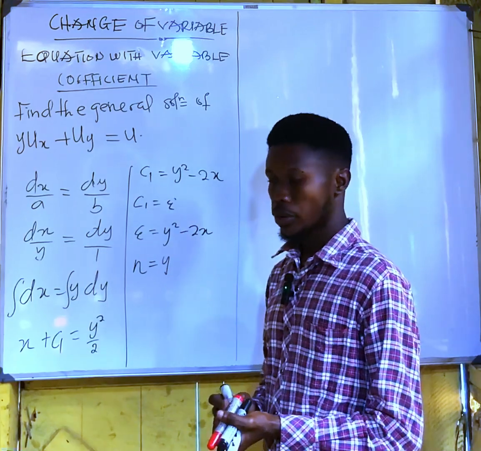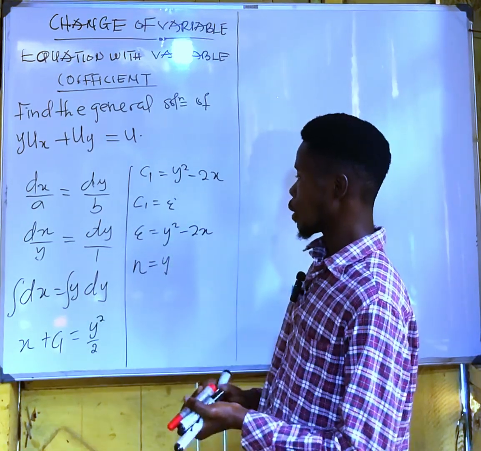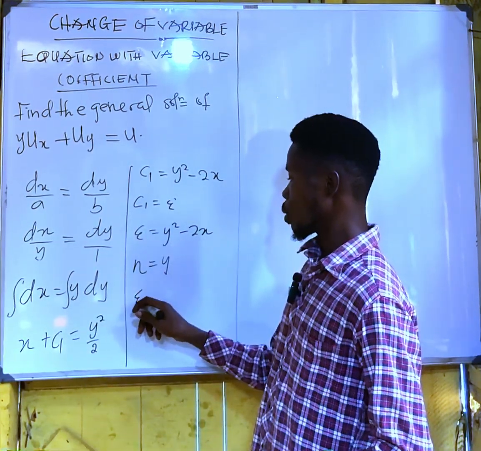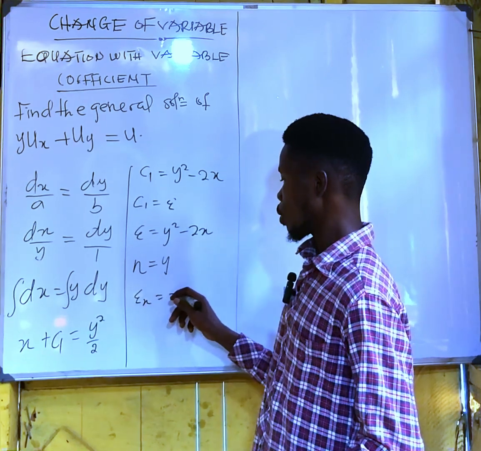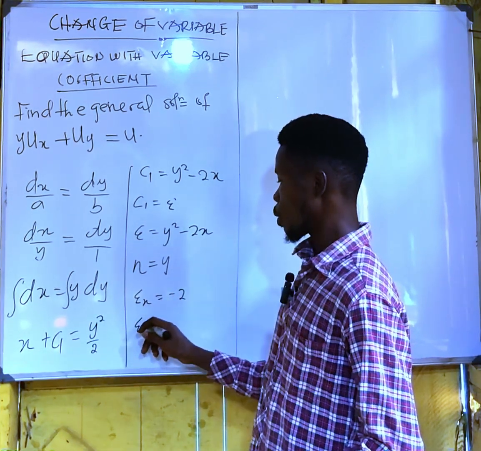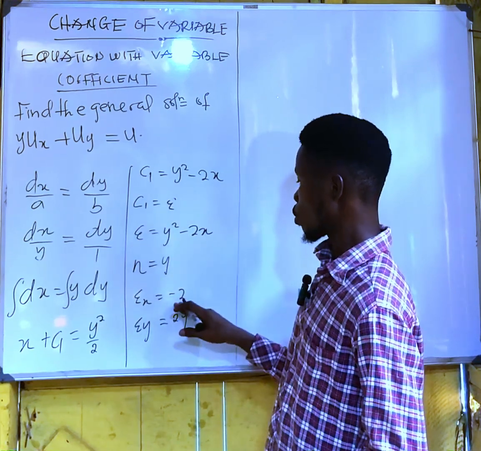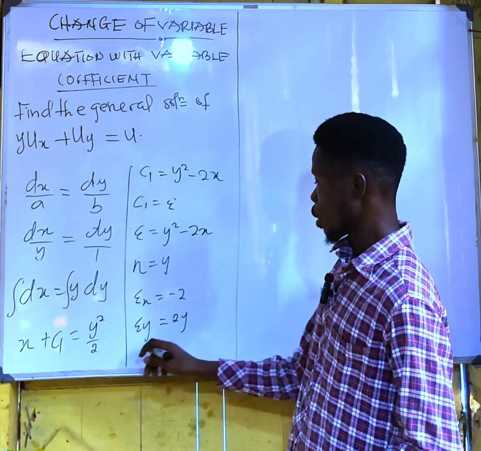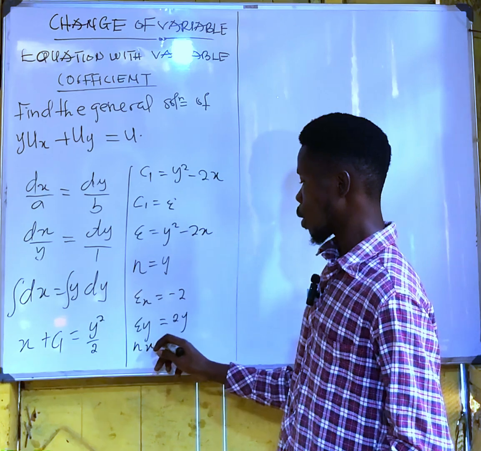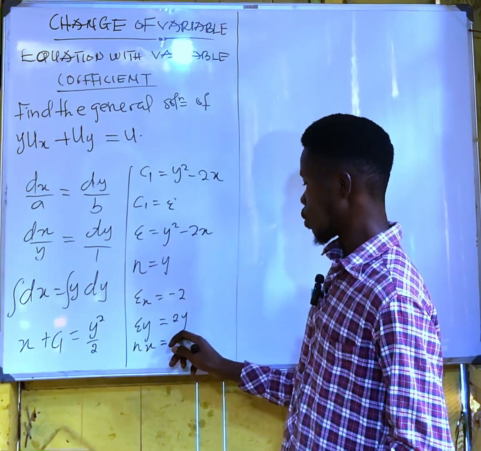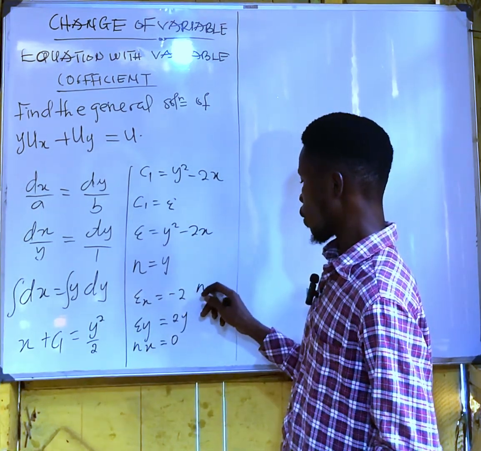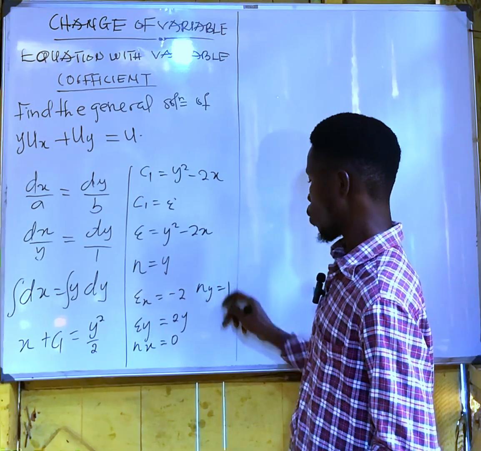Now when you are done with this, you differentiate xi with respect to x, which will give you negative 2, and with respect to y, which will give you 2y. Then eta with respect to x gives you 0, and eta with respect to y gives you 1.